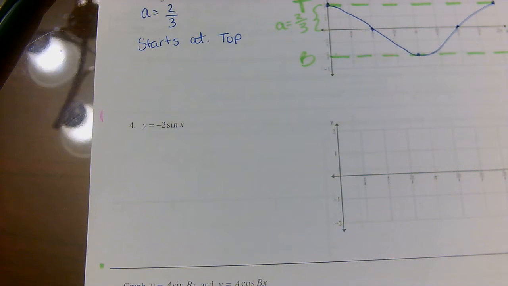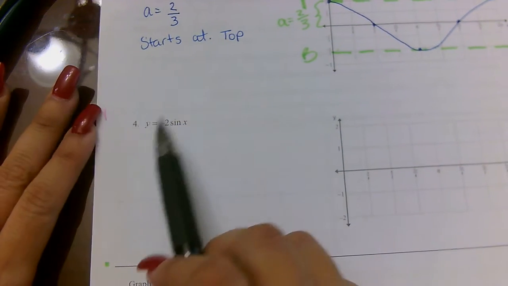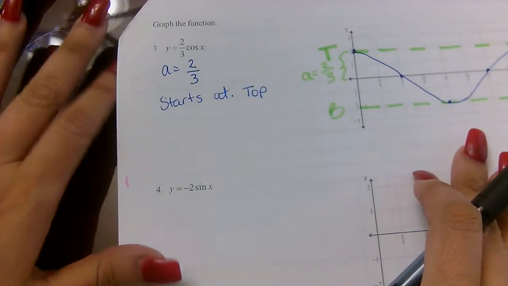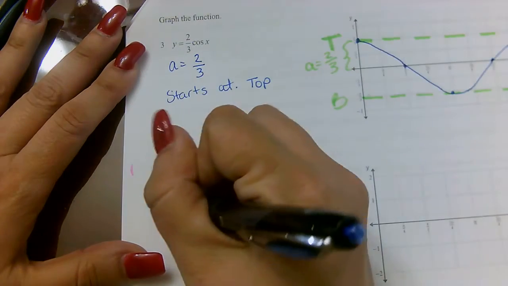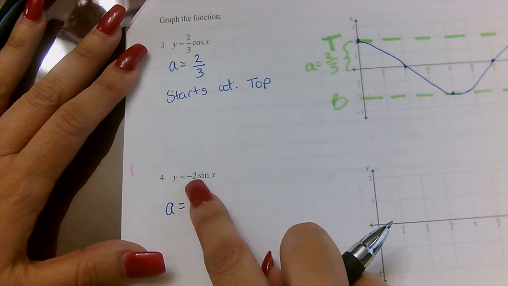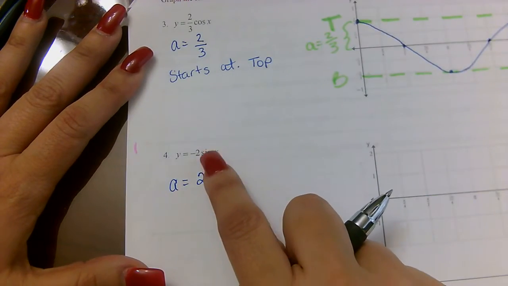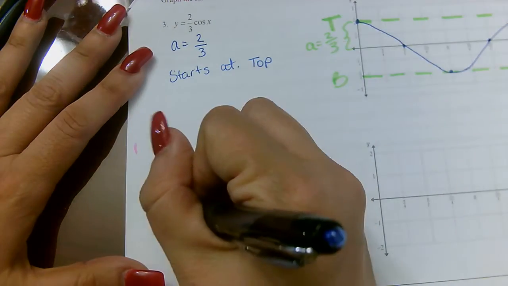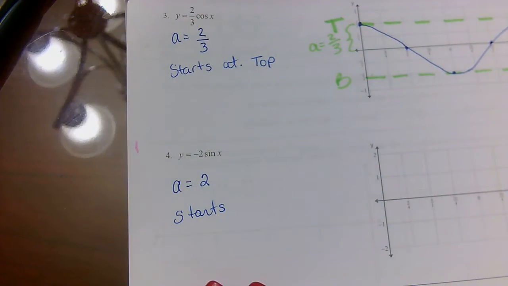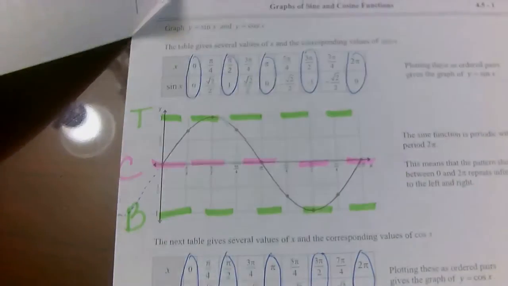Alright, the next problem has y is equal to negative 2 sine x. So A is equal to 2. Notice there is a reflection here, and we're using sine. So sine starts where? Well, let's go back to our original graphs.